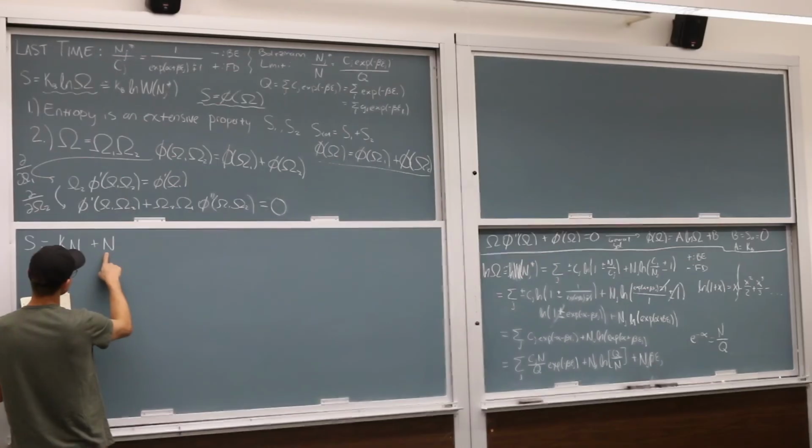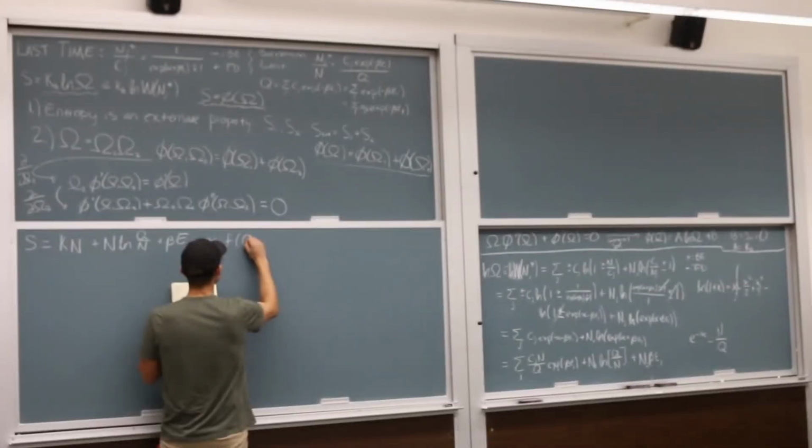Plus N. Sum over all j of Nj is equal to N. The log of Q over N. Okay. And then we have just the total energy times beta E. Okay. So this is just a function of Q, and the total number of particles, total energy, and beta.